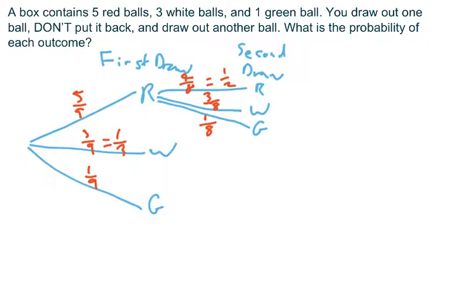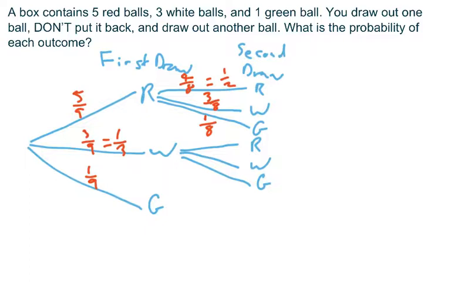Now, if the first ball is white, the second ball could be red, white, or green. I may regret spreading that out quite so much. Let me fix that a little bit. There we go. Red, white, or green.